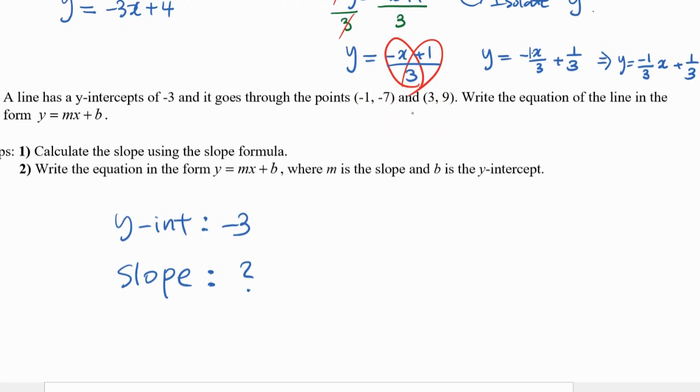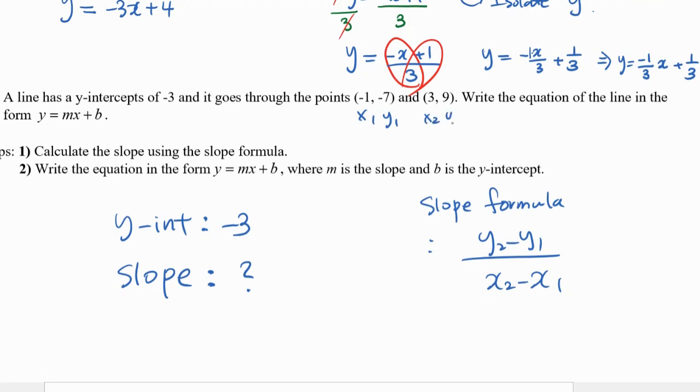So we know the slope formula. What is the slope formula? That is y2 minus y1 over x2 minus x1. So x1, y1, x2, y2. So y2 minus y1 is 9 minus -7, over 3 minus -1.